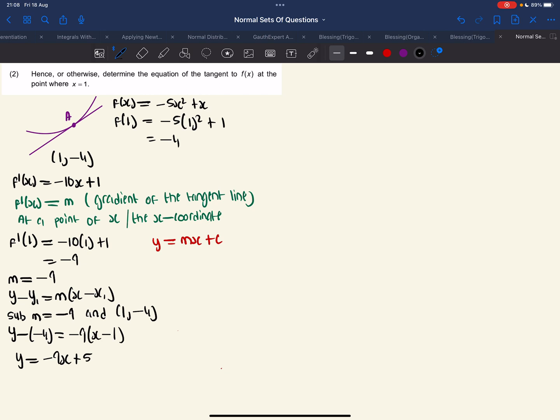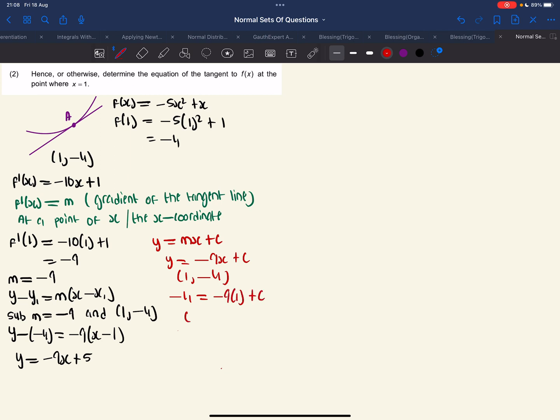Even if you use the alternative, this is the answer you're going to get at the end. Let me quickly show you. You're going to say y equals minus 9x plus c, then sub in (1, -4). Using that, minus 4 equals minus 9 times 1 plus c.